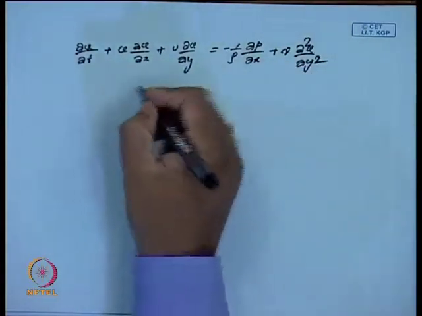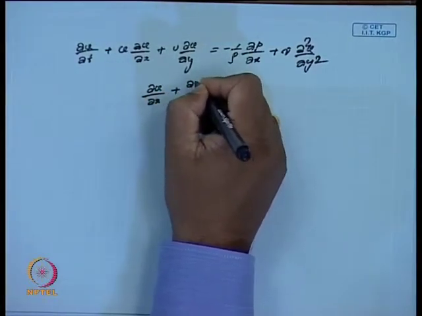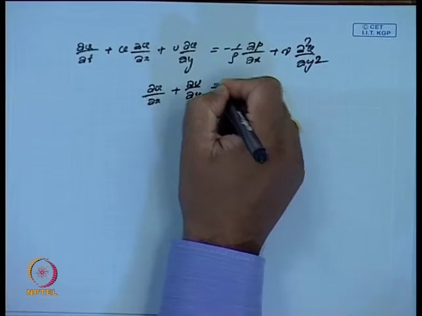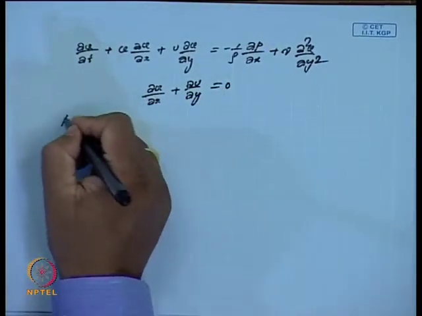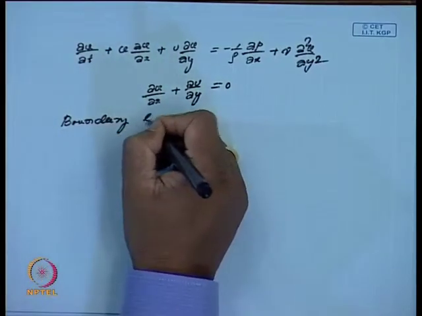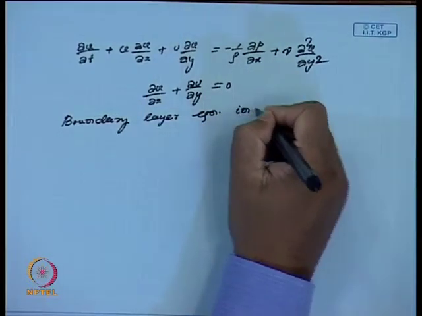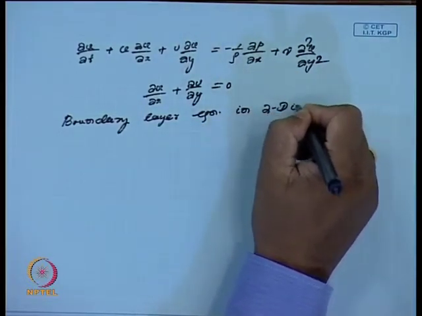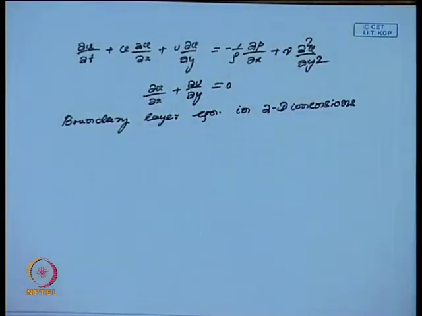And then you have del u by del x plus del v by del y equal to 0. So, this becomes the boundary layer equation in two dimensions. And this is what was derived by Prandtl.